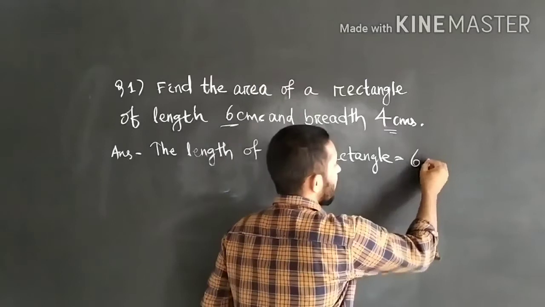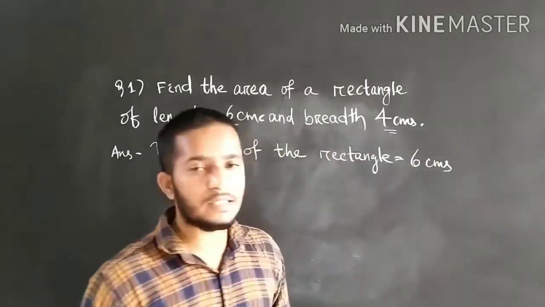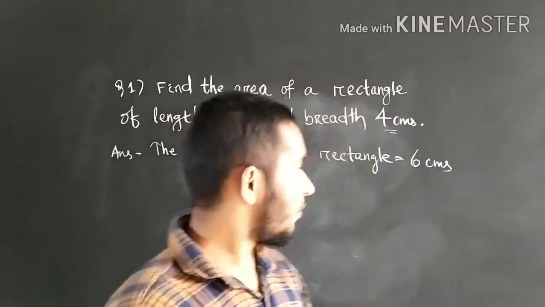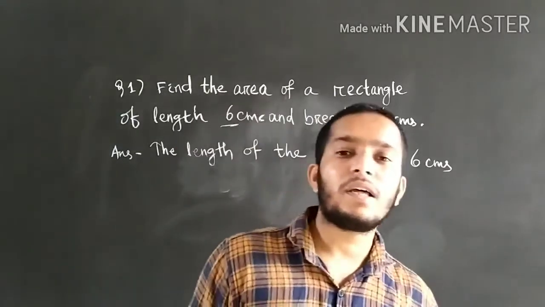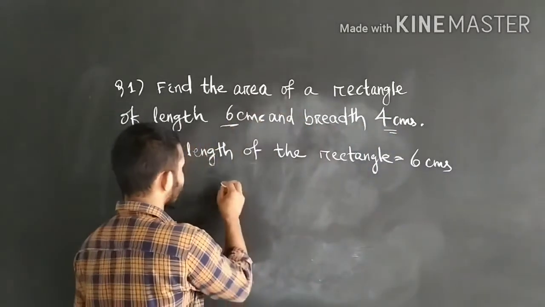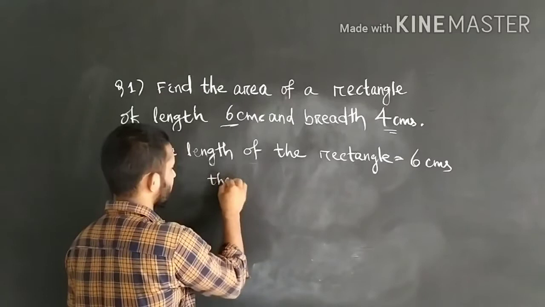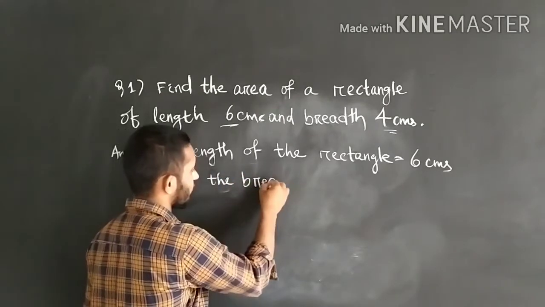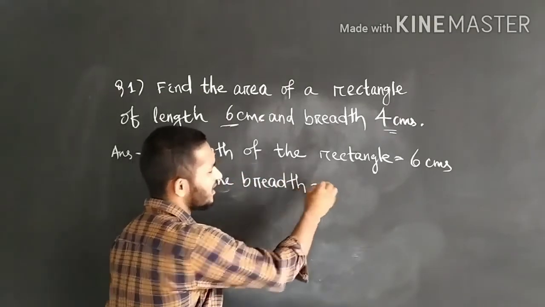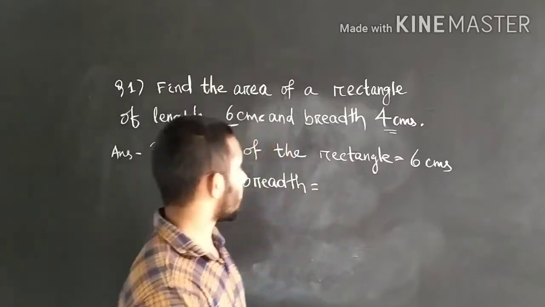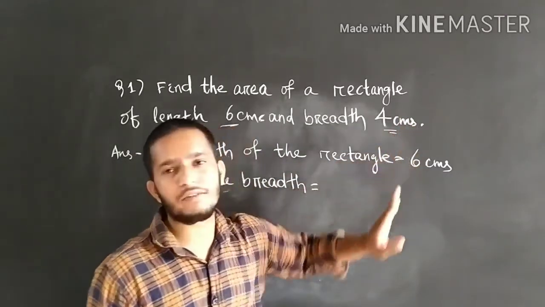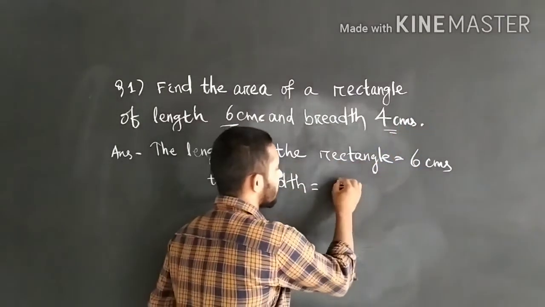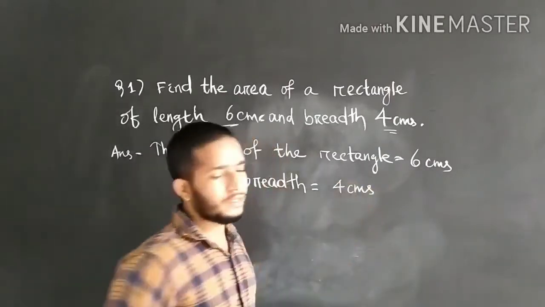So write over here 6 centimeters. Now we will write the breadth of the rectangle. You know the breadth is given and it is 4 centimeters. Let's write over here 4 centimeters.